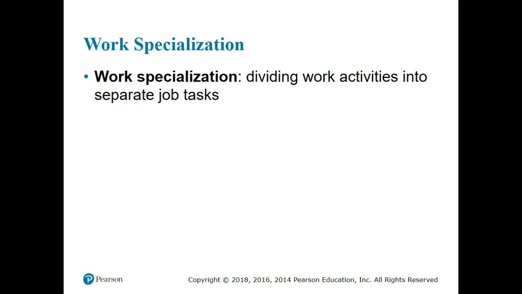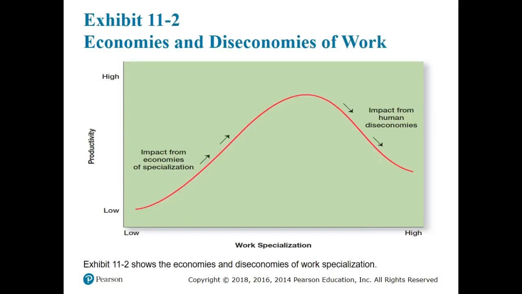Early proponents of work specialization believed it could lead to increases in productivity, and at the beginning of the 20th century, that generalization was reasonable. Because specialization was not widely practiced, its introduction almost always generated higher productivity.